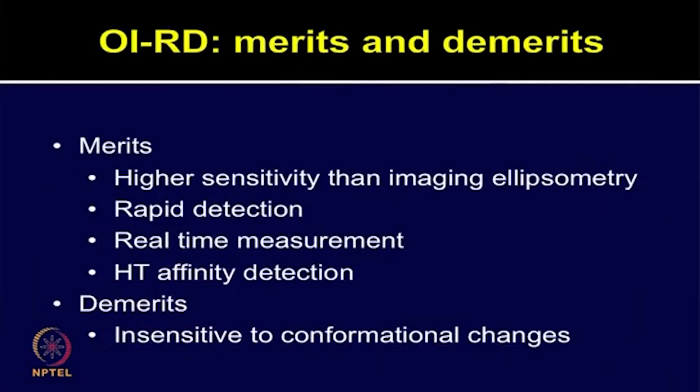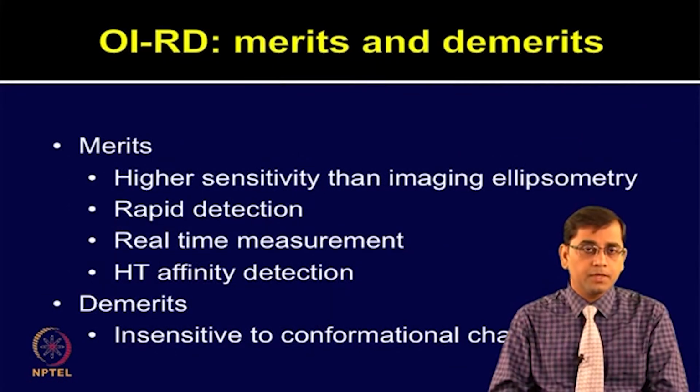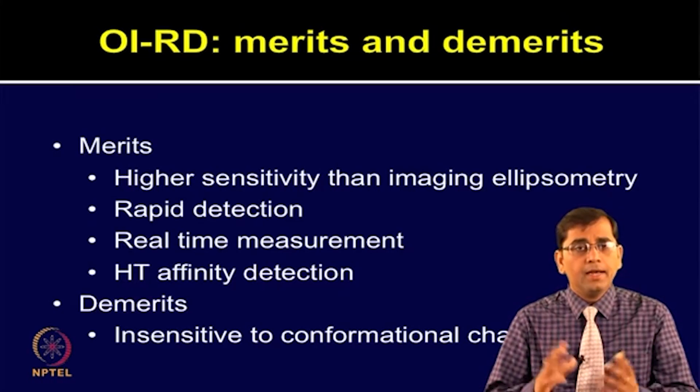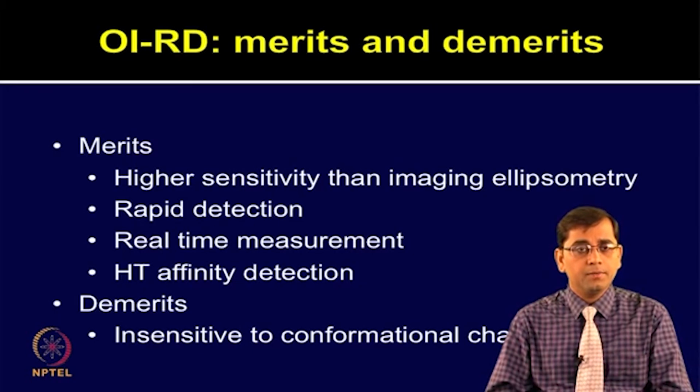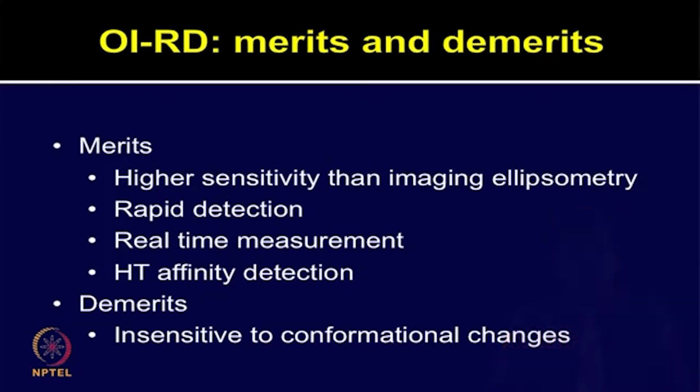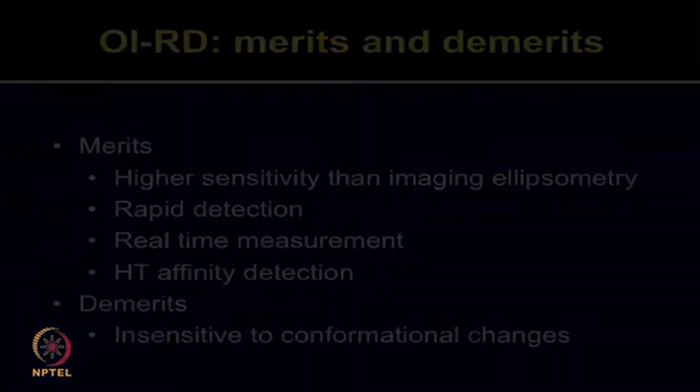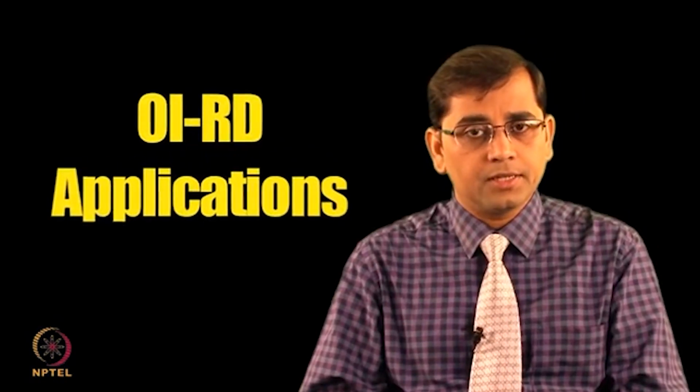The OIRD platform is more sensitive than imaging ellipsometry. It provides a rapid and high throughput affinity detection system with real time measurement and detection, whereas its demerit involves insensitivity to conformational changes. OIRD has been used for various applications.